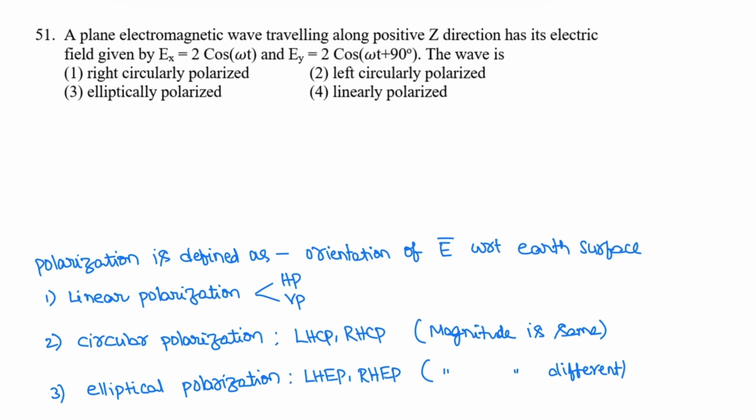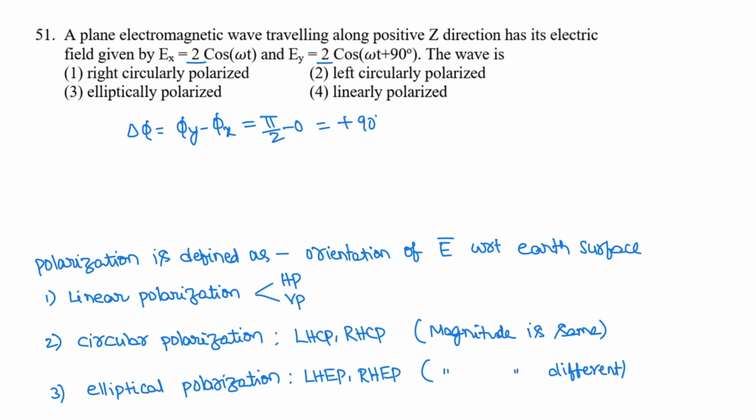Now, as per the question, the electric field component in x direction has magnitude 2, and the electric field component in y direction has magnitude 2. The phase difference delta phi between the y component and the x component is pi by 2 minus 0, which is plus 90 degrees.